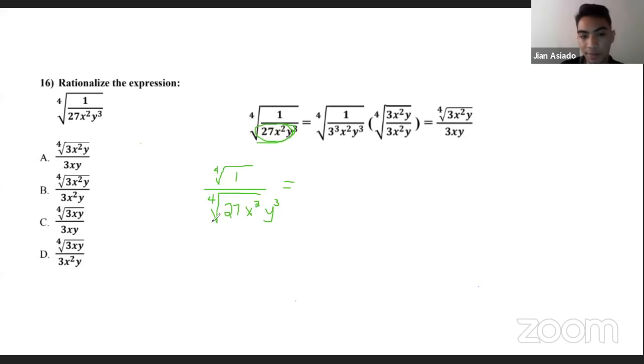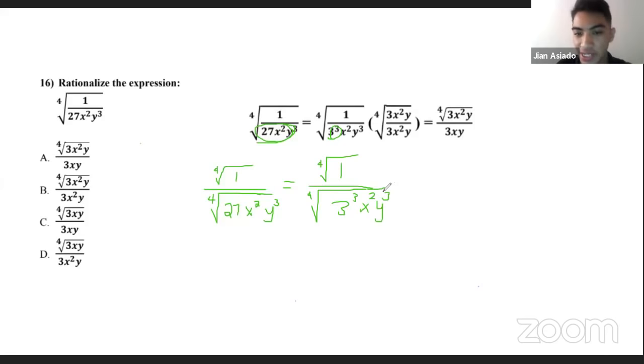So ngayon si 27, pwede siyang i-express into 3 raised to 3, no? So 4th root of 1 over 4th root of 3 raised to 3 x squared and y cubed.